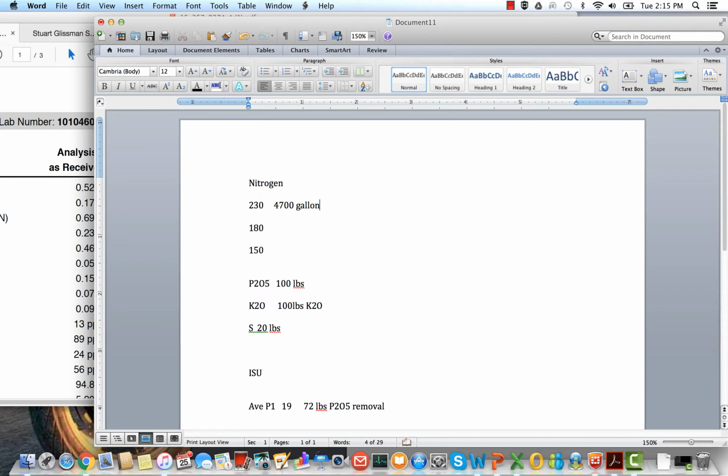Well, that's 4,700 gallons that would meet that requirement. The nearest 1,000 gallons is probably about where we're at as far as our accuracy goes, so basically that's going to be 5,000 gallons of liquid hog manure. Not 50,000, but 5,000.